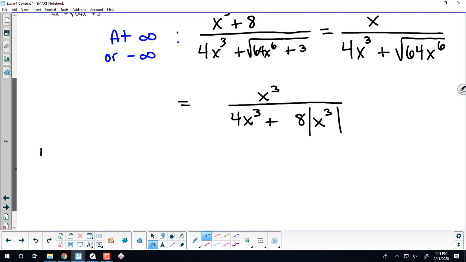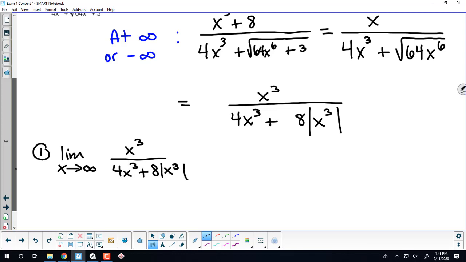So if now we compute the limit at infinity, this thing that we've simplified, we're out at positive numbers, right? If I square or cube any positive number, it's always positive, right?